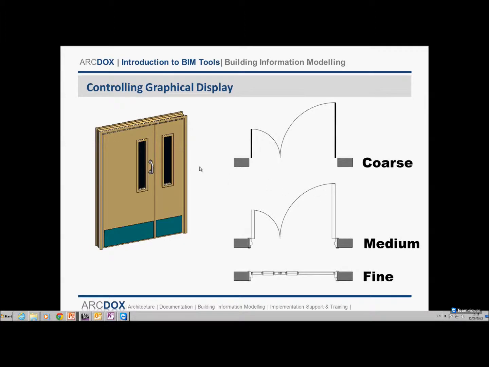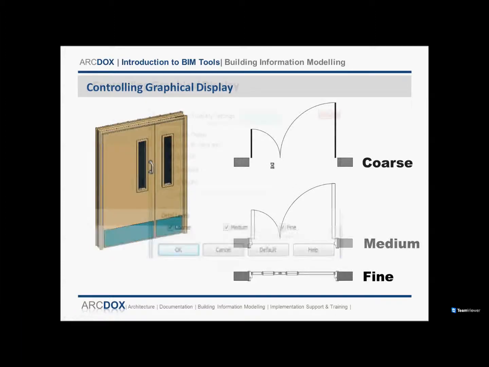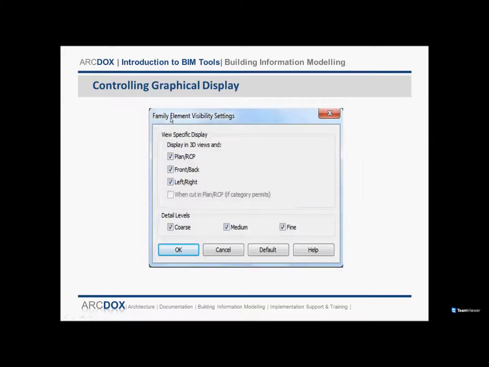So 2D elements within your 3D element: symbolic lines that show you roughly where the opening is. You control that in the family element visibility settings.